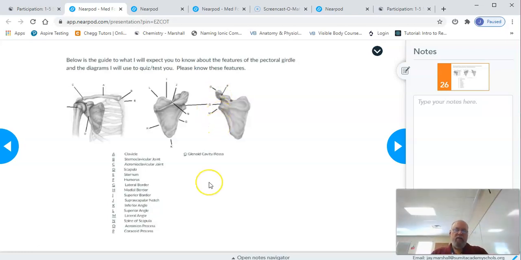Okay, so know all of these features and be ready to take a question of the day on it, as you'll find in an assignment soon.